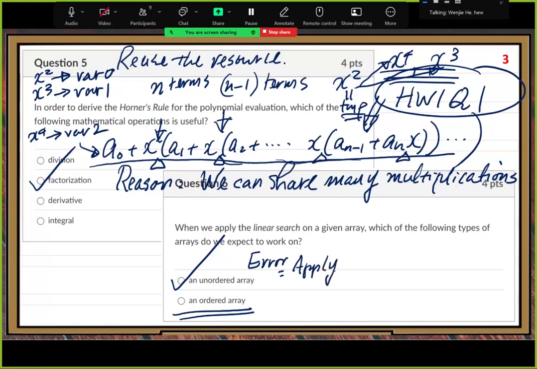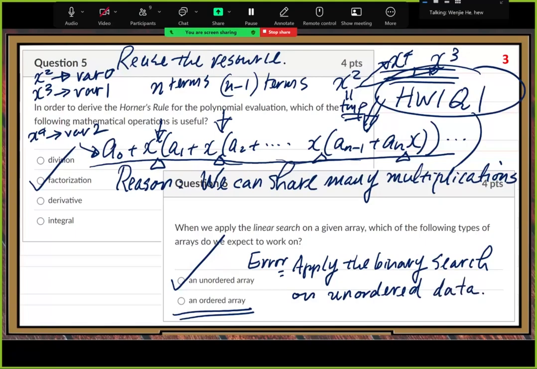Apply the binary search on unordered data. They forgot to check. They know they cannot apply binary search on unordered data, but they forget to check. They do not realize they need to check.